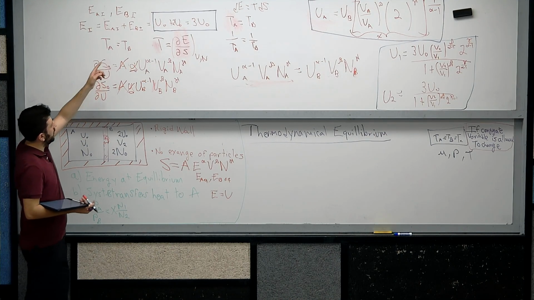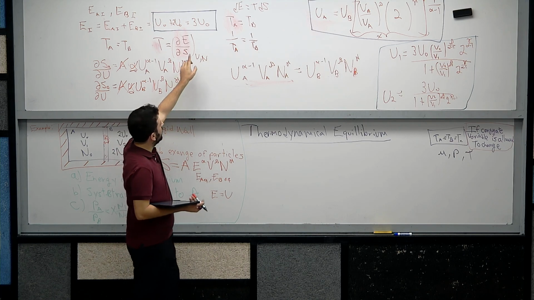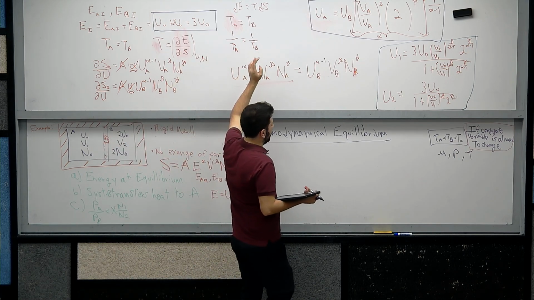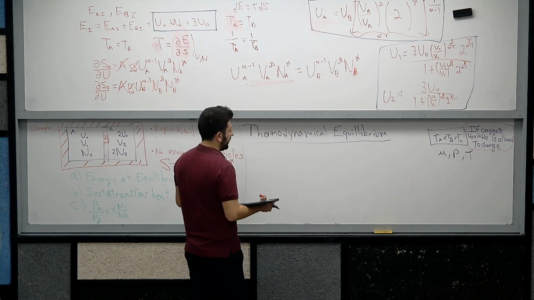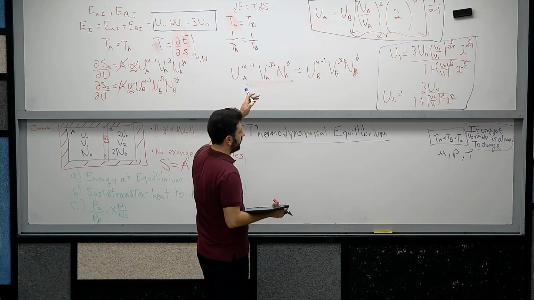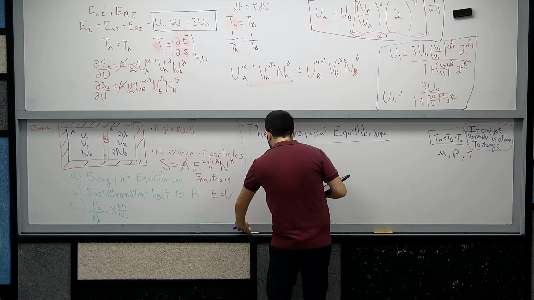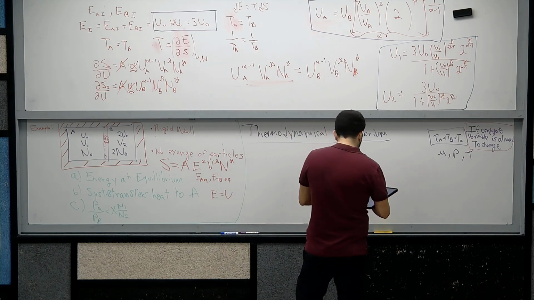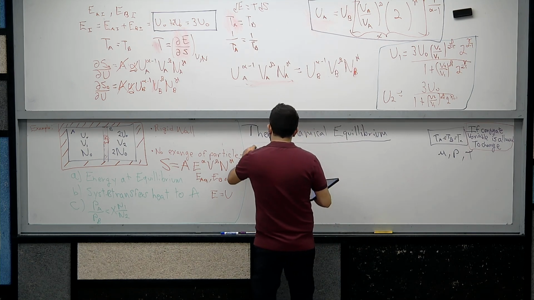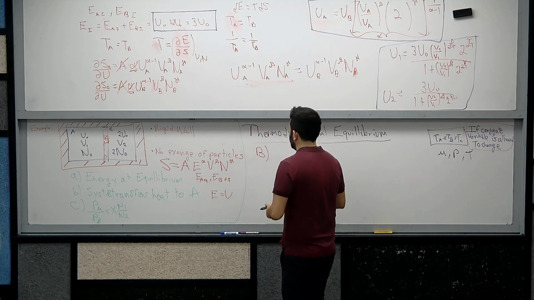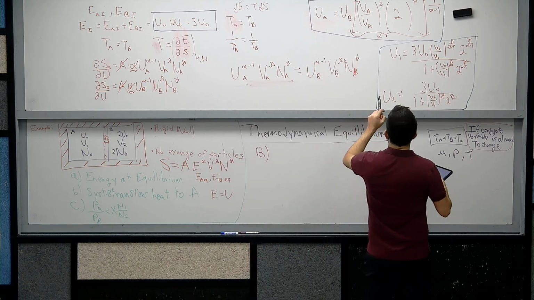We just use the fact that the energy is additive, it's a very important property, and that at equilibrium all the intensive variables must be equal if their conjugate variable is allowed to vary. Okay? So this would be B.